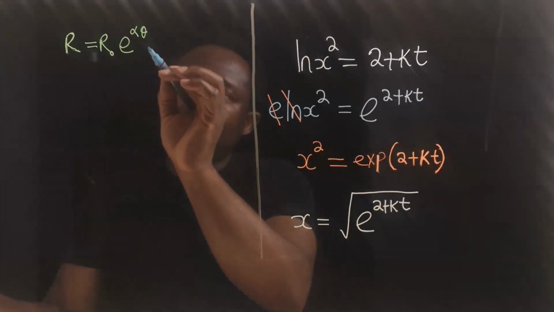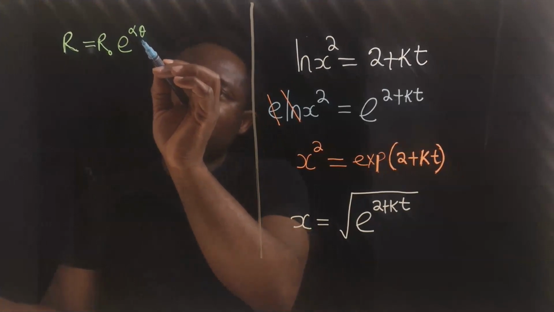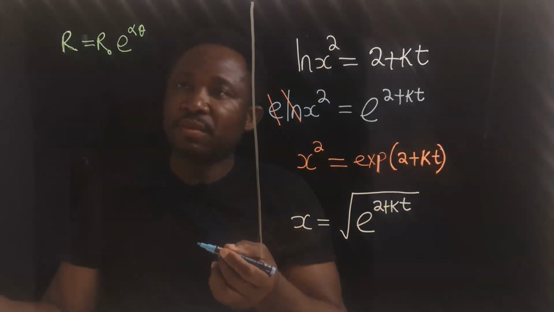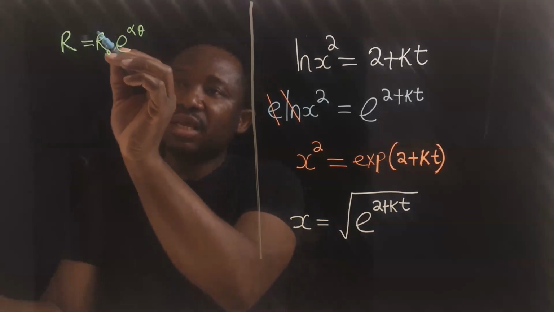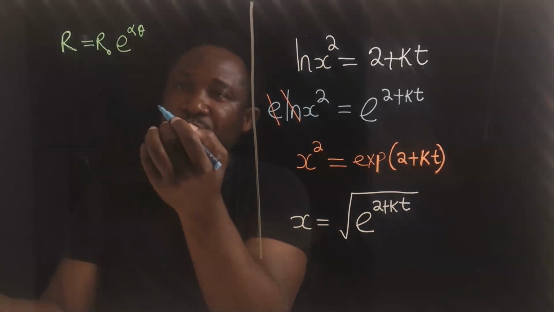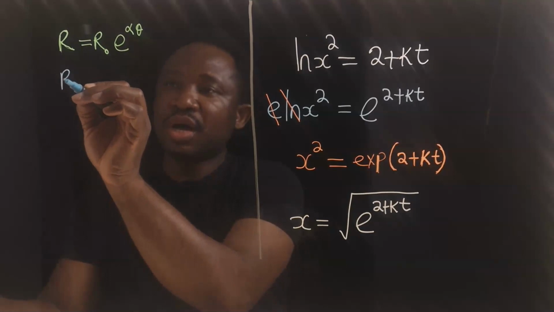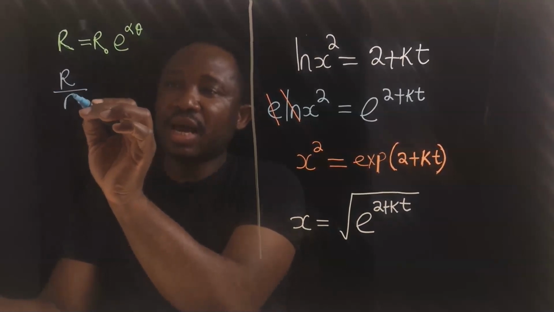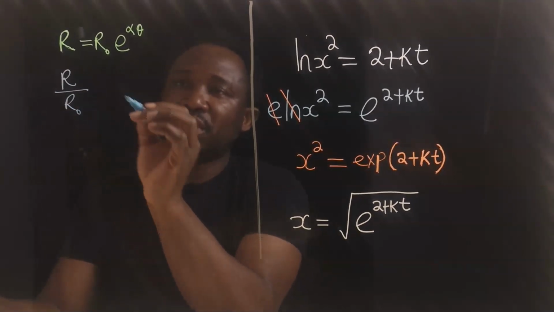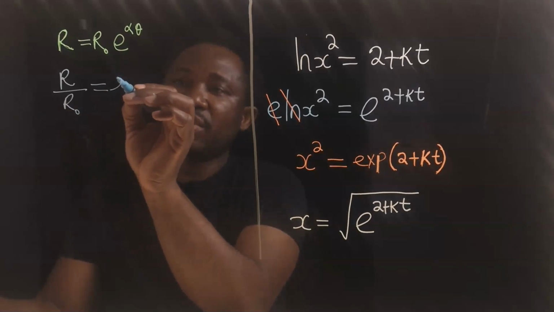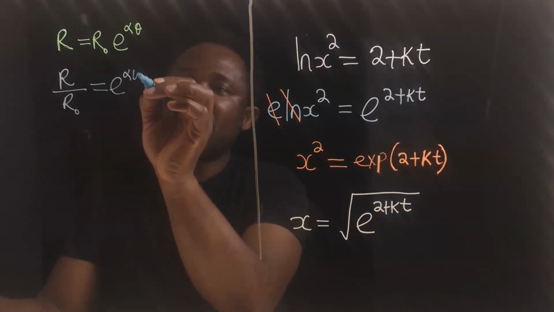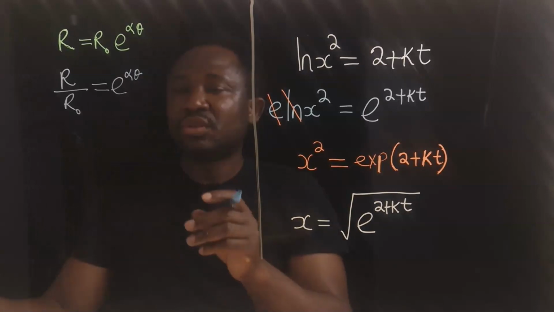Next, let us make theta the subject. The first thing is to remove r subscript naught. We are going to have r divide r subscript naught, and on this side we have exponential alpha theta.